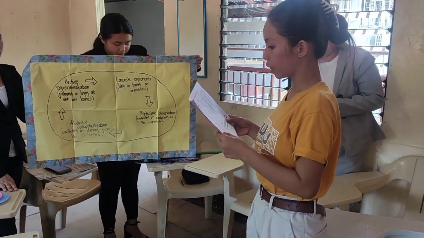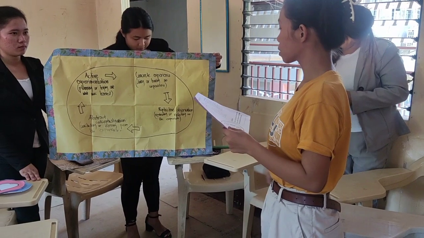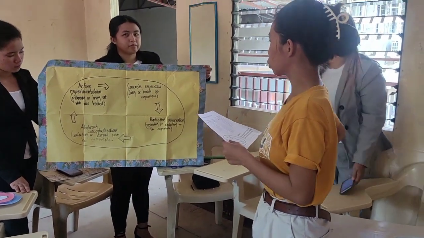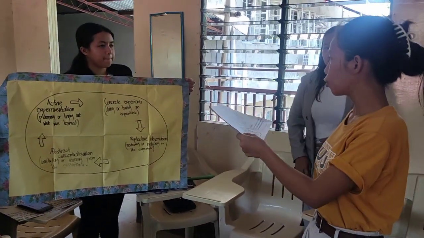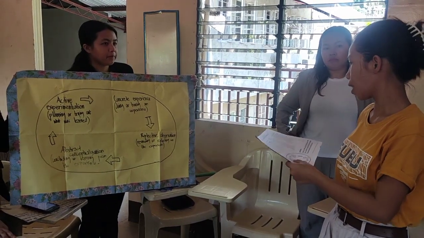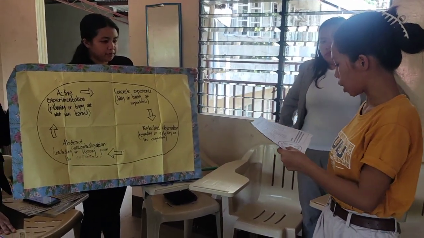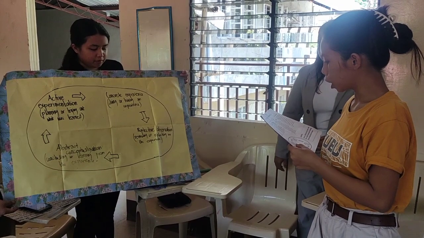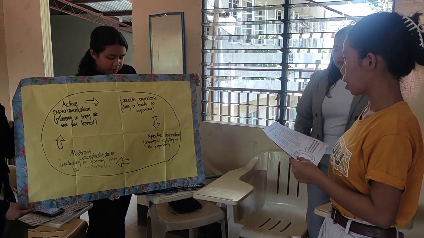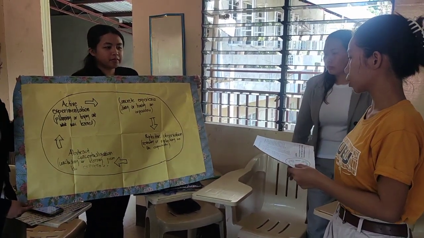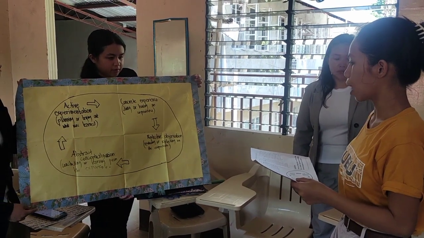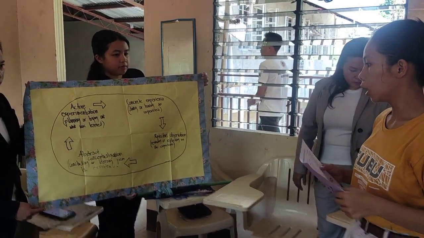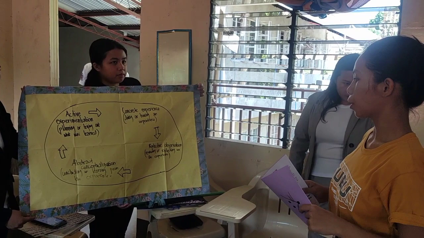This cycle begins with a concrete experience like planning or trying out what was learned, doing or having an experience. Then next, reflective observation. The learner stays back to reflect on the task, like reviewing or reflecting on the experience. Then abstract conceptualization, concluding or learning from the experience.